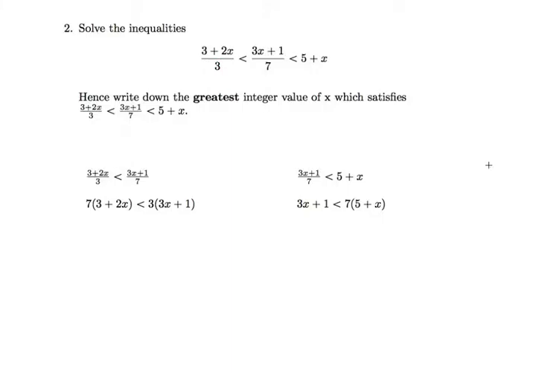Right, so let's start. Let's just first try to solve this, and then hence they ask you to write down the greatest integer value of x. So what you do is that you break it out, okay? So you will do this part first, okay?